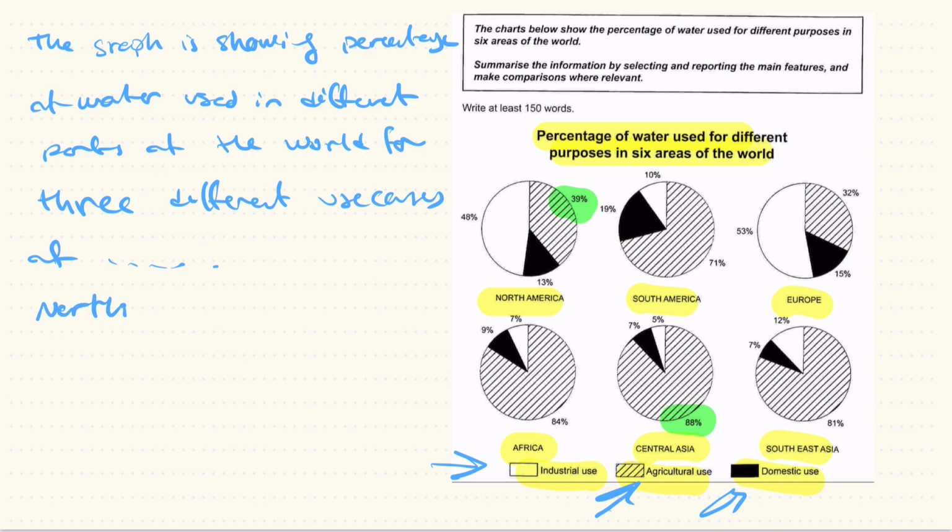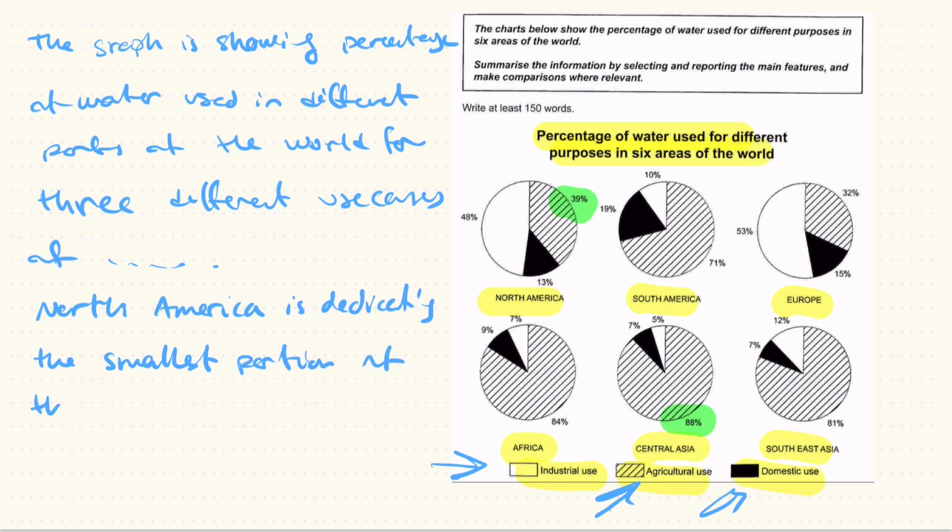North America, or you can say that the graph is showing that North America is dedicating the smallest portion of their water sources to agricultural use. I'm just going to write AU.